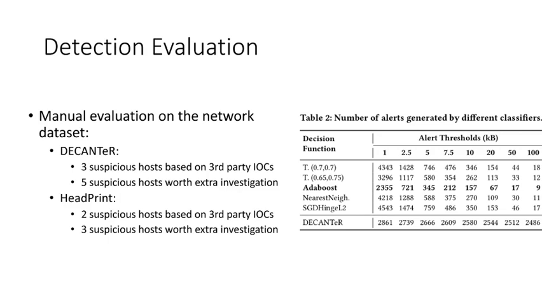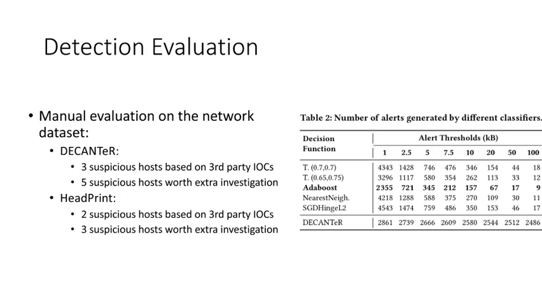So although Decanter found more suspicious activities in the network, we can see in the table on the right that Decanter generates a significantly larger amount of alerts, which means also a significantly larger effort that an operator should make in order to evaluate the alerts, because many of these are, of course, false positives.